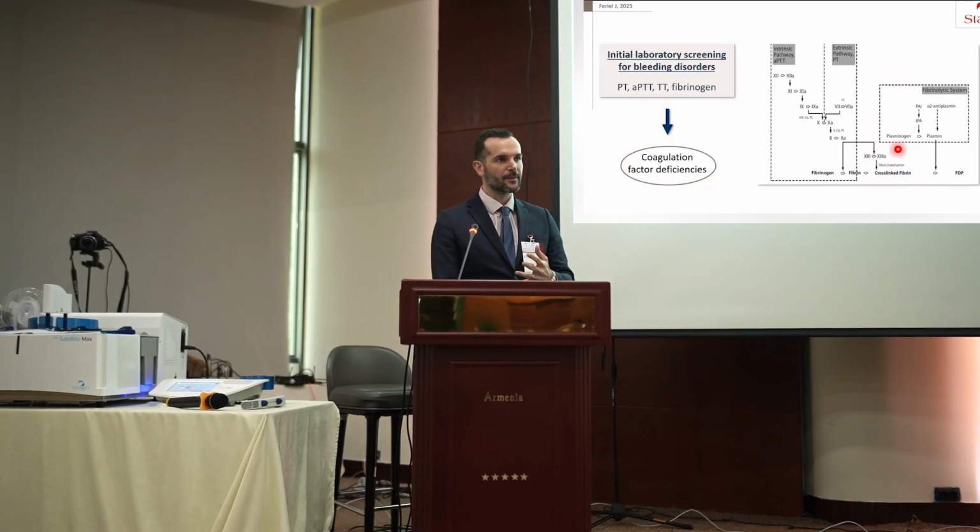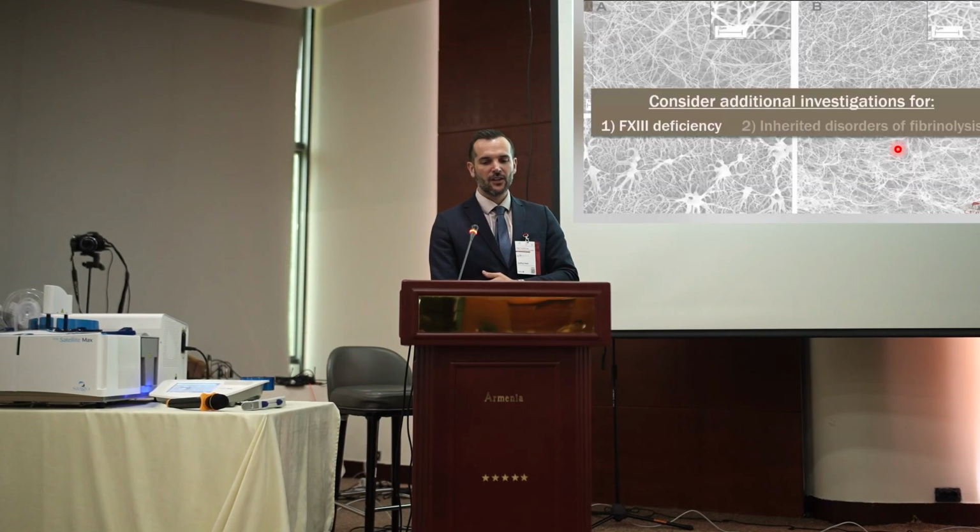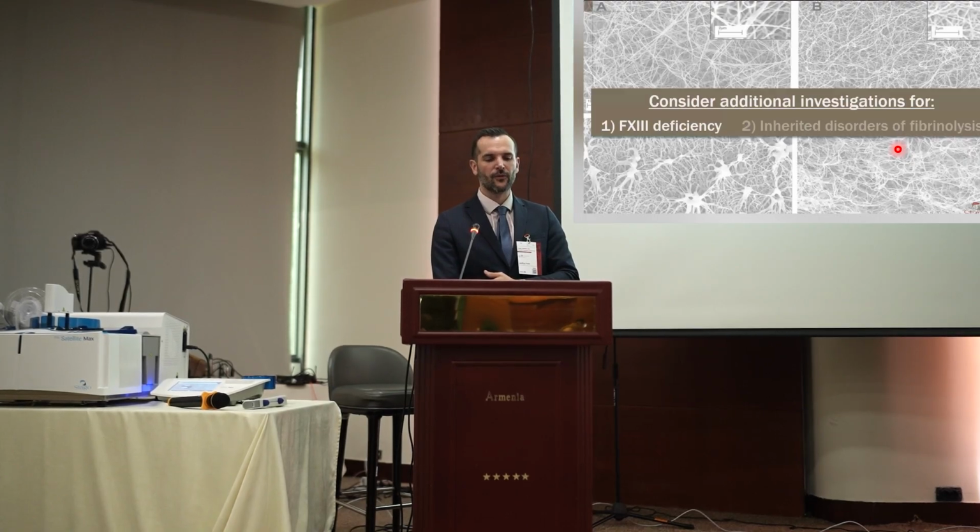So if you have a strong suspicion that your patient has a congenital bleeding disorder and all the primary investigations are normal, the next step is to consider additional investigation for factor 13 deficiency.